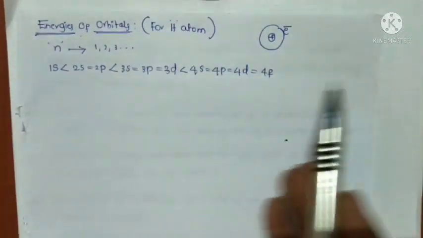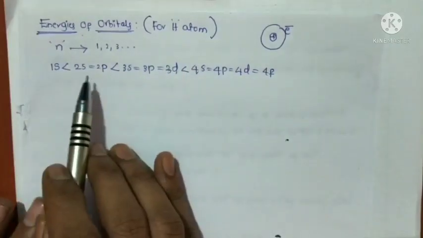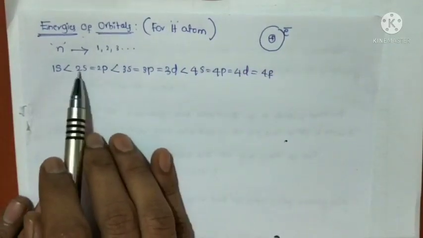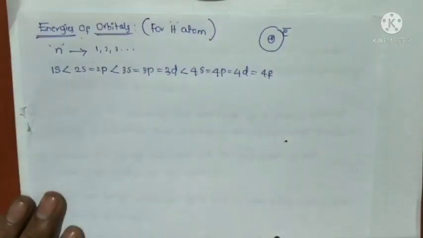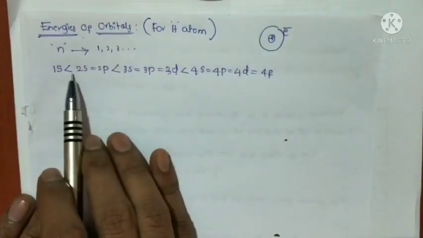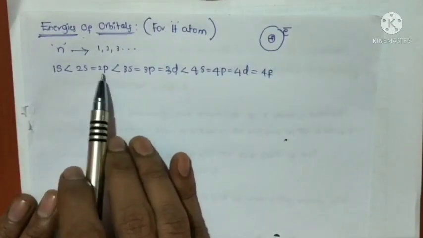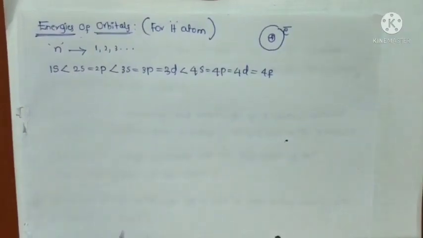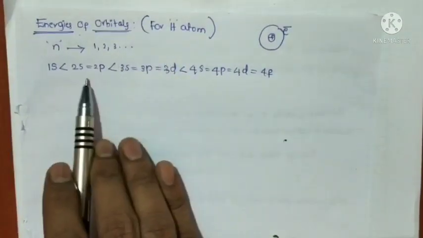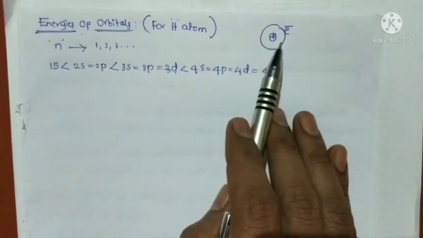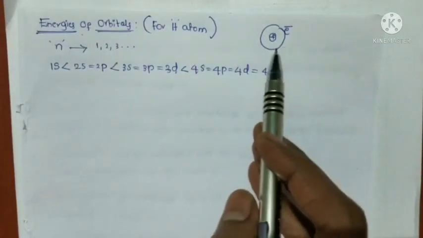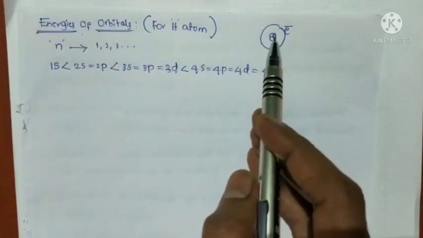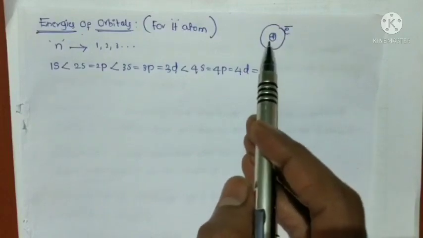If it is a multi-electron system, these two orbitals have different energies, because the principal quantum number is the same but the azimuthal quantum number is different. But for the hydrogen atom there are no repulsions between electron and electron, only attractions between the nucleus and the electron.